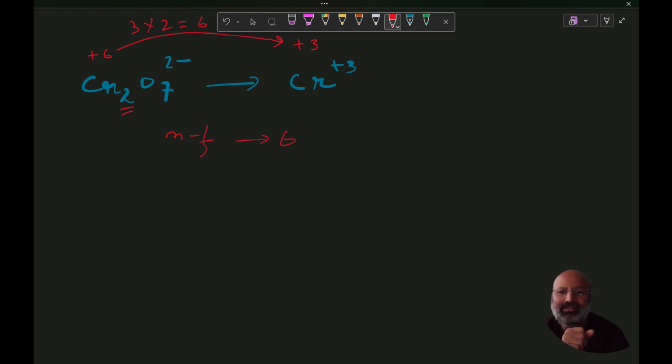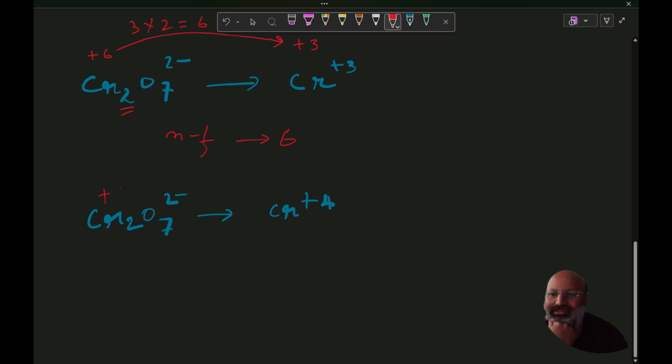Now the question arises, does it mean potassium dichromate or sodium dichromate always have n factor 6? No, it's not the case. Now if you take another equation, of course, the oxidation number of chromium on the left hand side remains the same, that is +6. Here it is +4. So the change is 2 electrons per atom.